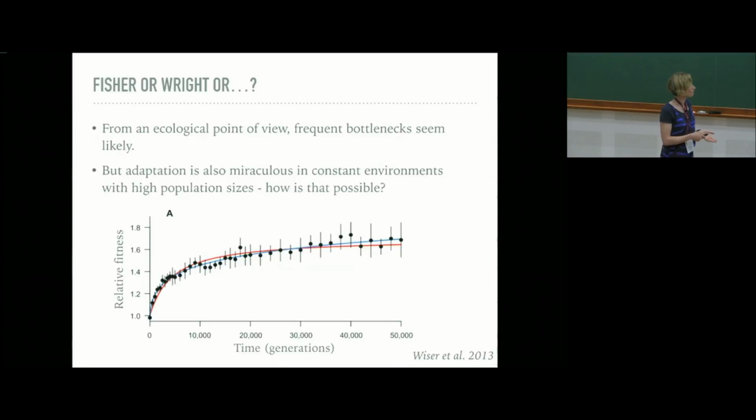And so here's just one plot from this long-term experimental evolution experiment over 50,000 generations, where they measured some kind of relative fitness, which tells you how the fitness increased in those Lenski lines. And what they saw is that any kind of model that we talked about had some kind of optimum, right?